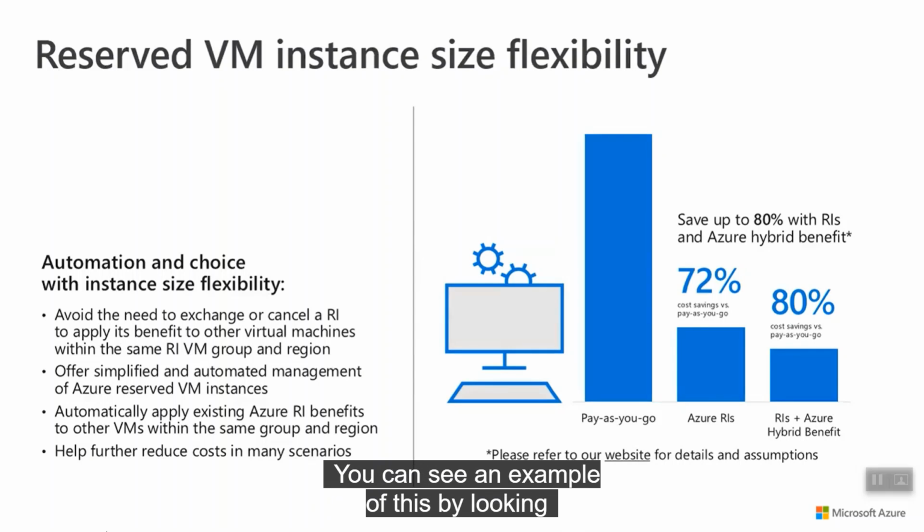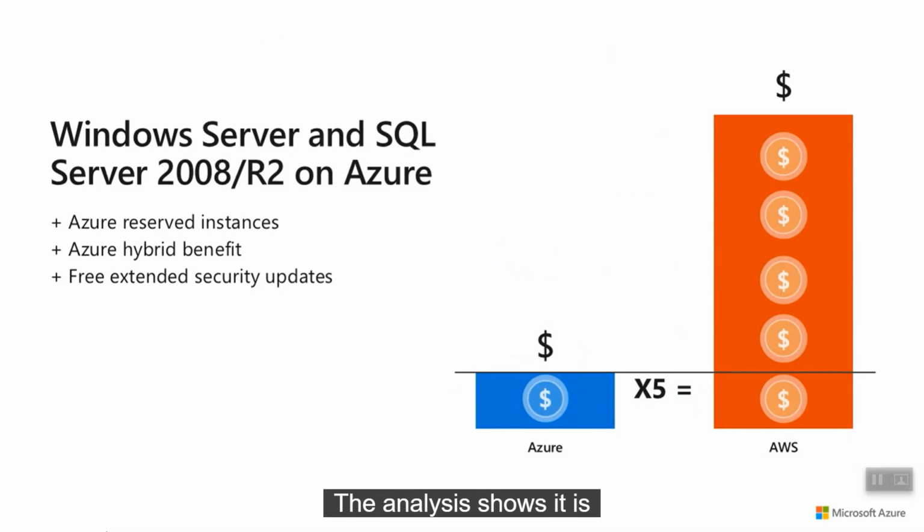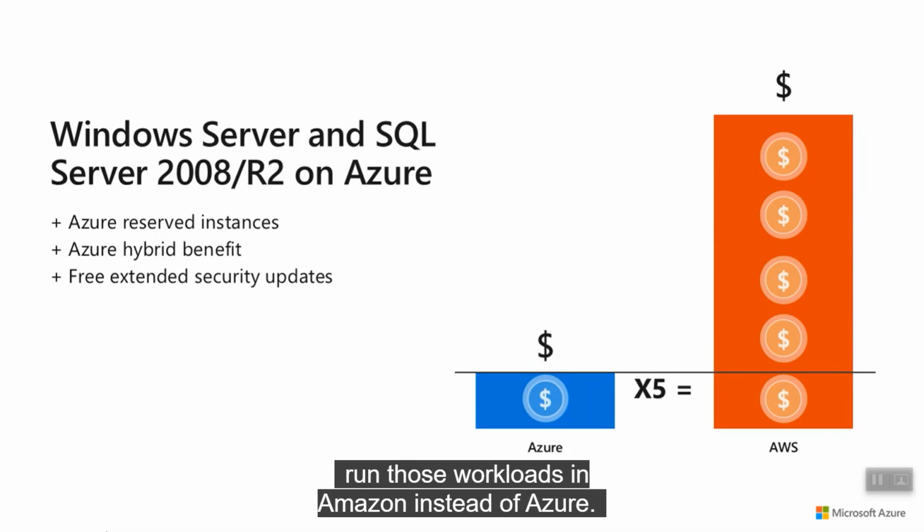You can see an example of this by looking at the comparison of running these workloads with reserved instances, hybrid use benefits, and those security updates in Azure versus AWS. The analysis shows it is a 5 times cost increase to run those workloads in Amazon instead of Azure.